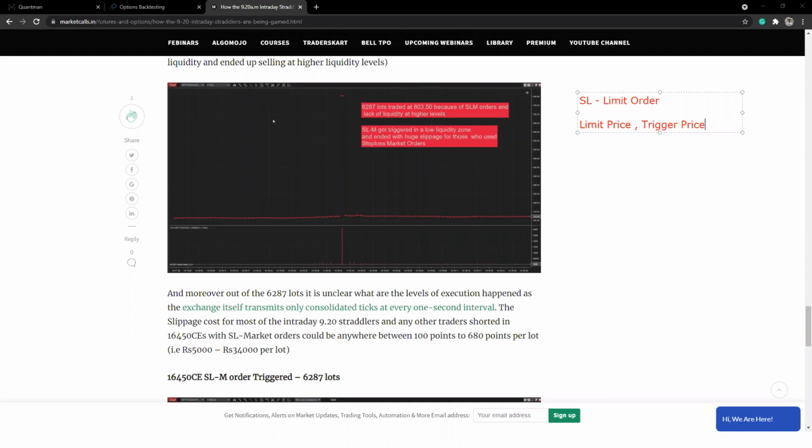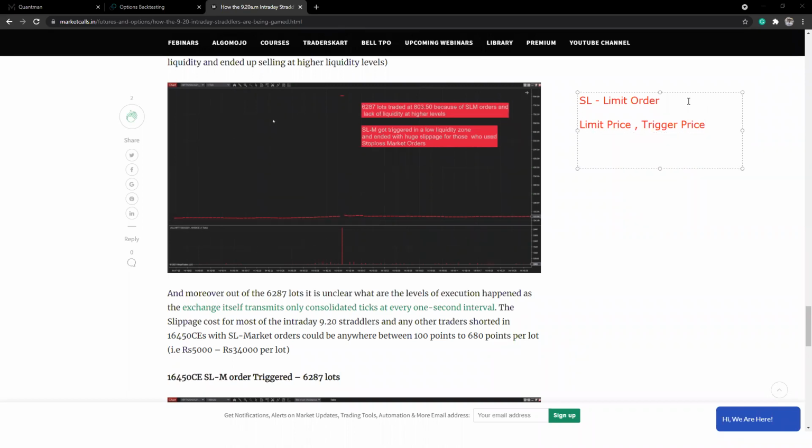If you already sold, next you are a buyer, so it will buy at whatever the next available buyer is. There is a liquidity issue. That is one of the primary reasons you should not execute SL market orders, not only in options but also in penny stocks or any illiquid mid caps. You should avoid doing those things.